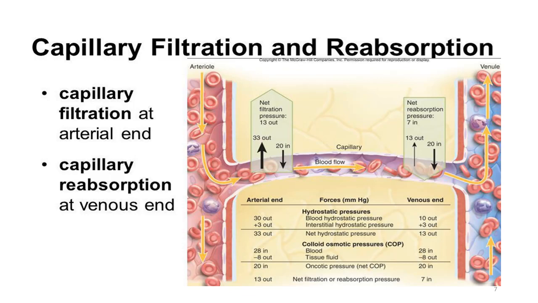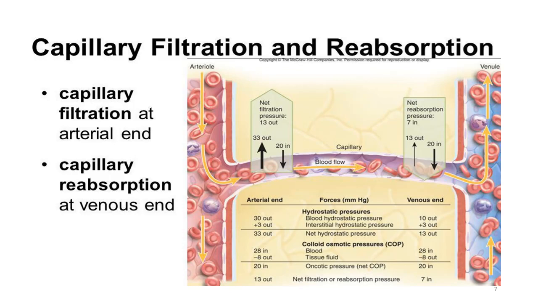We can give some reasons for this. One of them is that the pressure of the arterial end is 30 millimeter mercury, but this pressure at the arterial end covers only about 1/3 of the capillary's length.